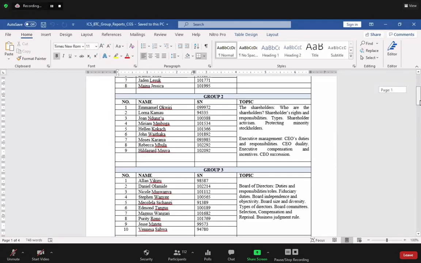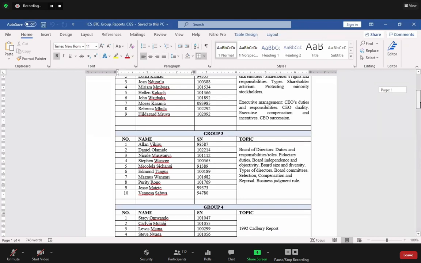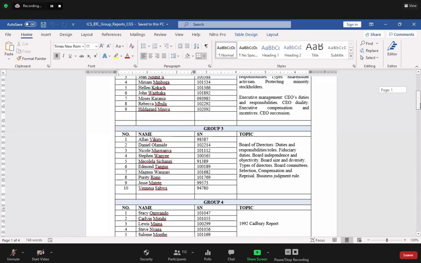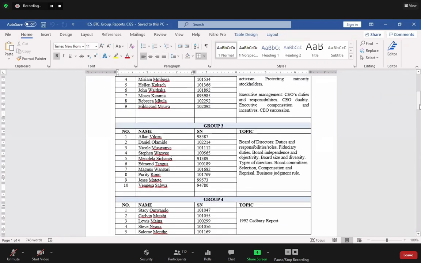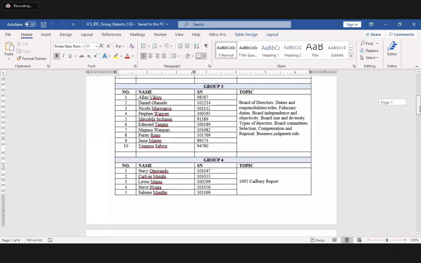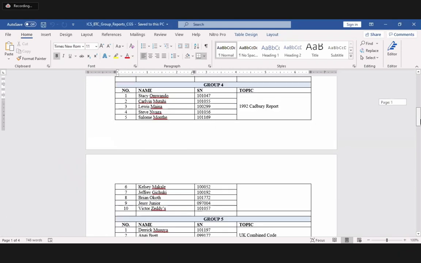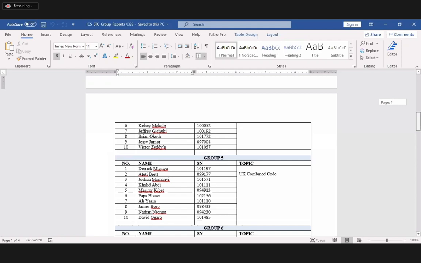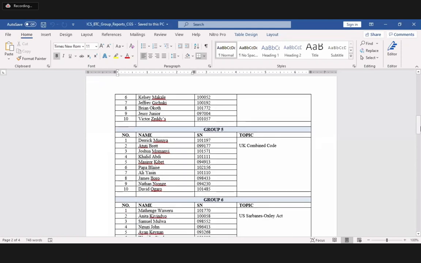For the next class, we will have Group 3, board of directors, and the Cadbury report and UK Combined Code will need to be ready, at least 3 groups, so that we feel we have the time.